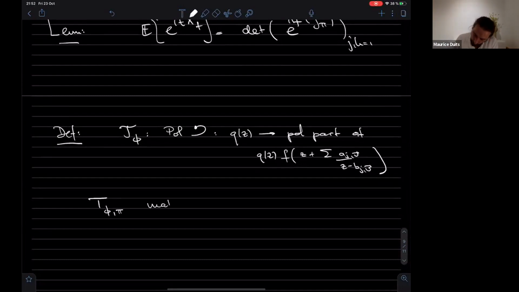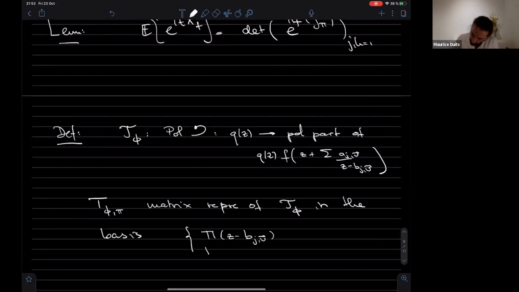This is the matrix representation of our Toeplitz operator in the basis which is now the product over z minus bj, with j running from 1 to n, of k, the factor kn, and then the jth entry of that.